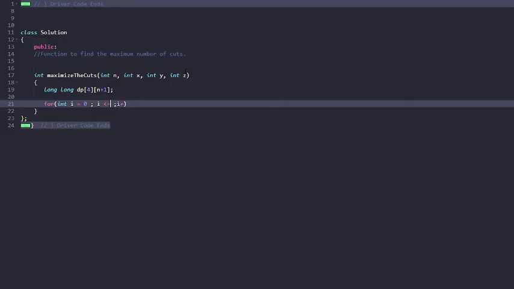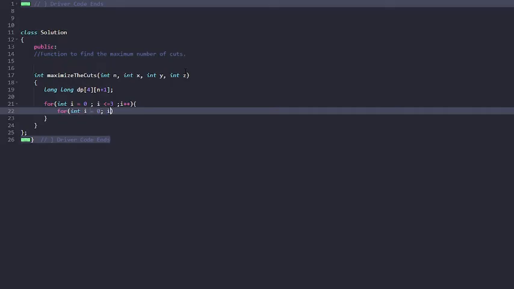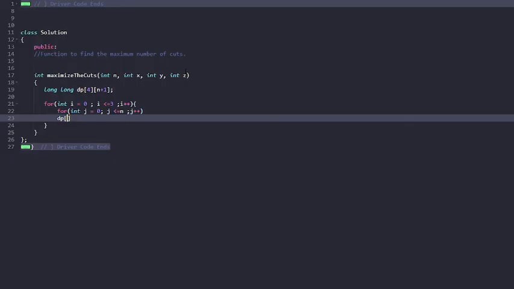So I had this row first, which runs i from 0 up to 3 with i plus plus, and similarly for j from 0 while j is less than or equal to n, j plus plus. And then I will initialize dp of i j to be integer minimum.